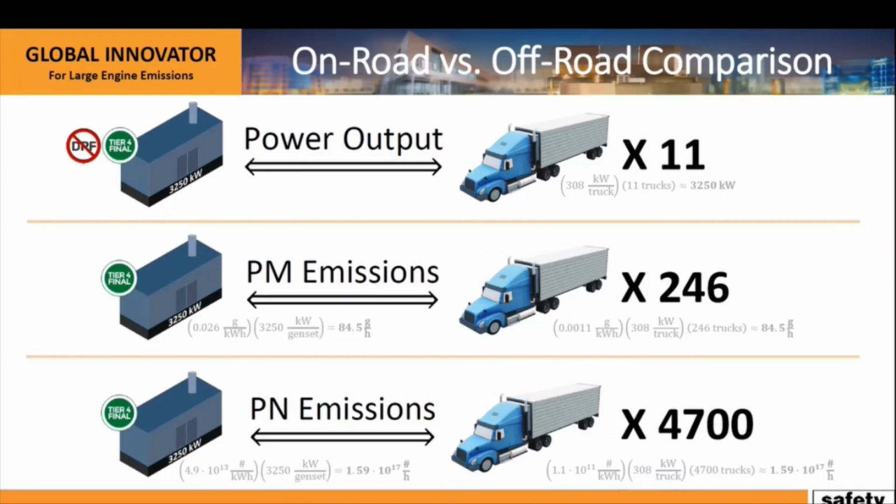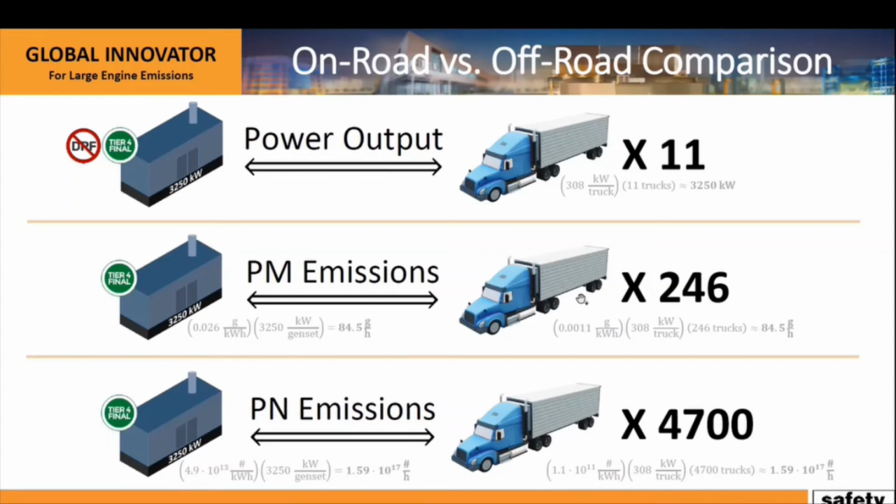So here what we're doing is we're taking a typical 3 meg Tier 4 certified generator, and we're comparing it to what it would be equivalent to in terms of Class A trucks. So off the top, looking at power output, 1 3 meg engine works out to about 11 typical Class A trucks.